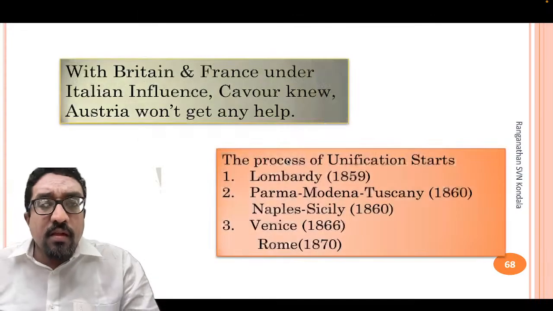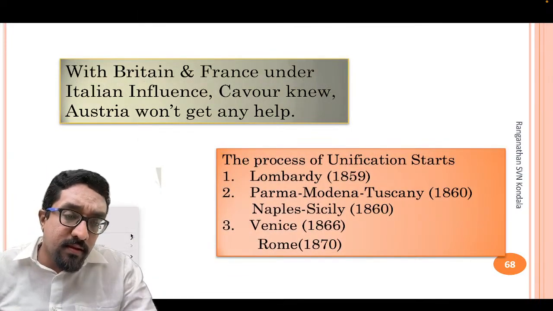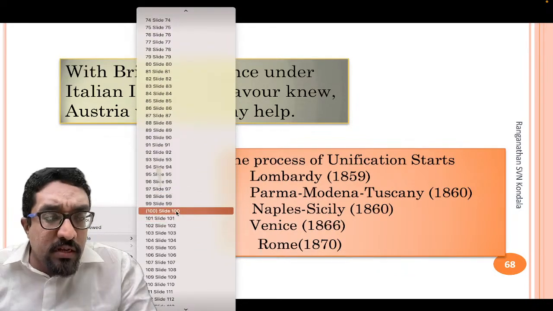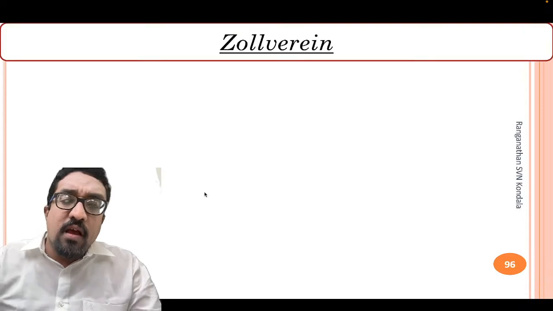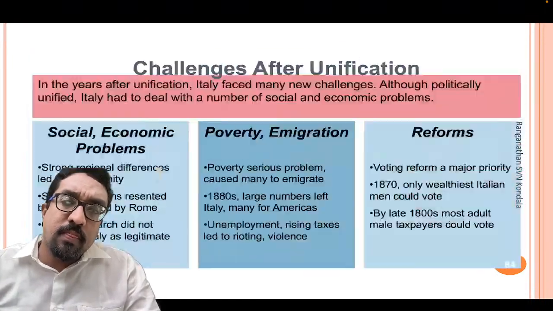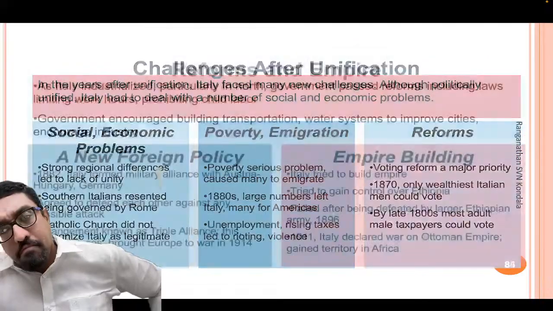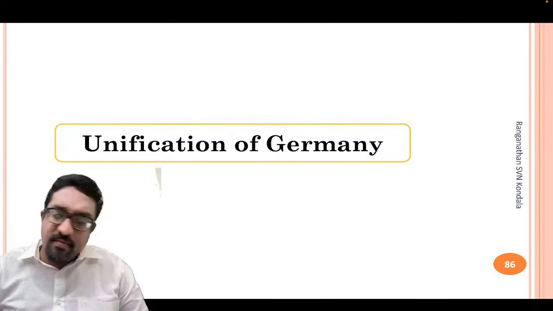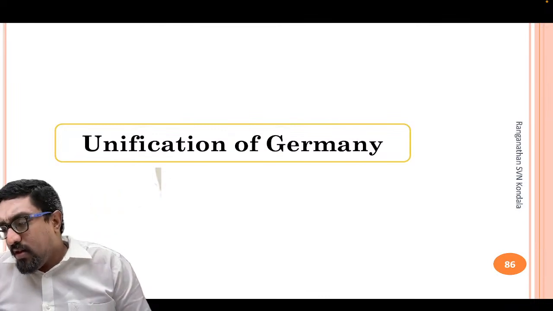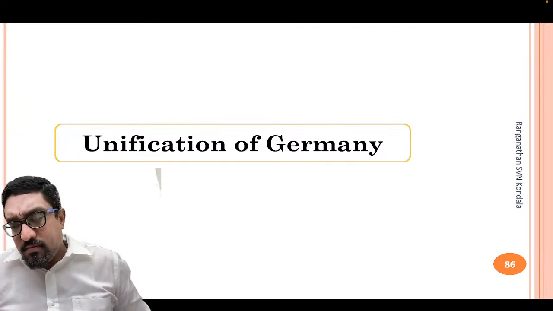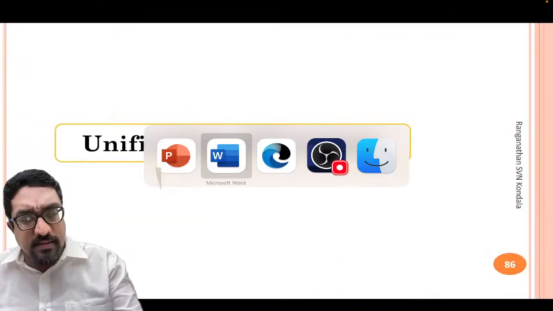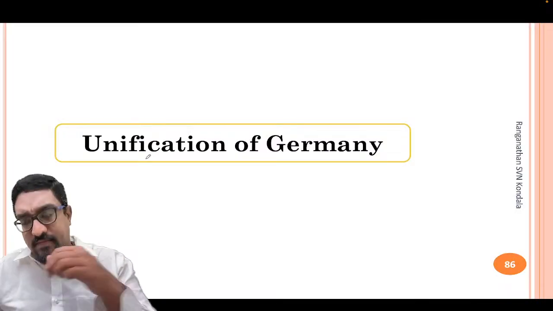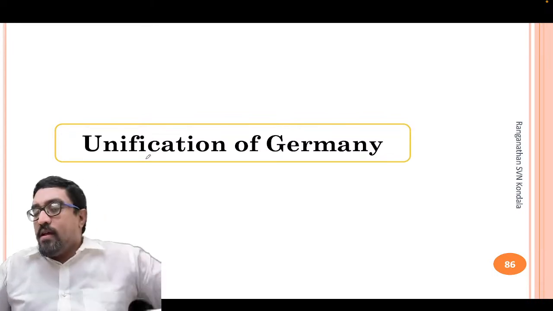See, a quick question. Was Italian unification avoidable or not avoidable? Was it possible?